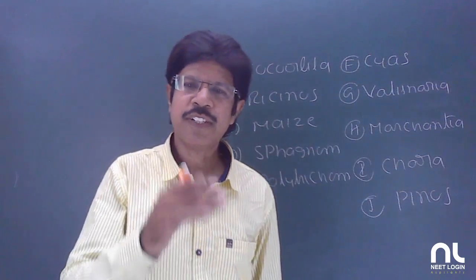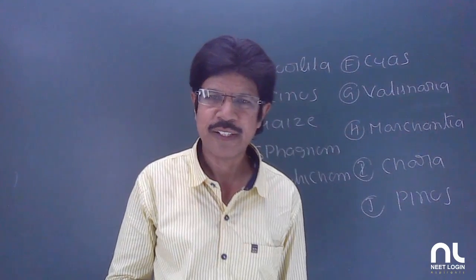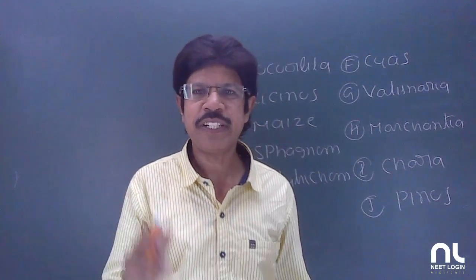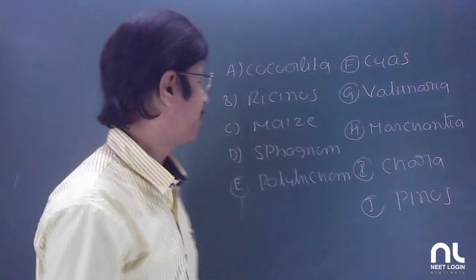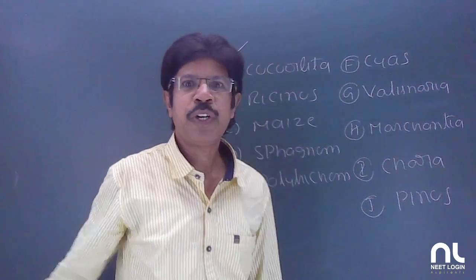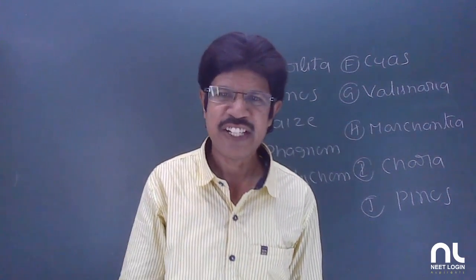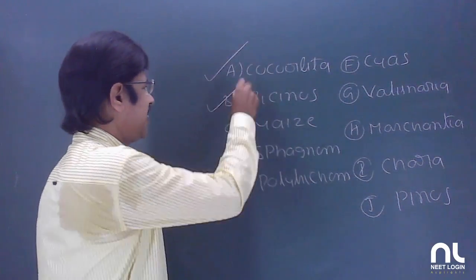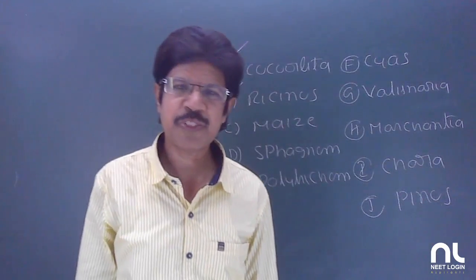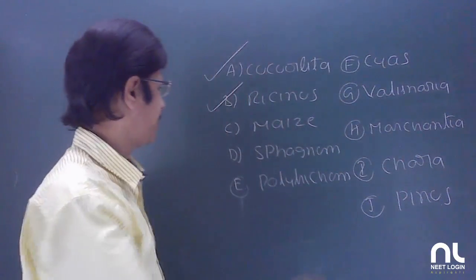We can trace how many sporophytes are there, how many gametophytes, how many dioecious, how many monoecious, one by one. Cucurbita is a monoecious sporophyte, but the gametophytes are dioecious. Ricinus, monoecious sporophyte, gametophytes are dioecious.